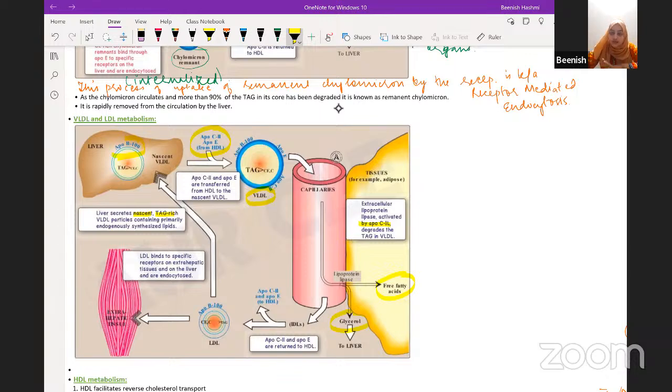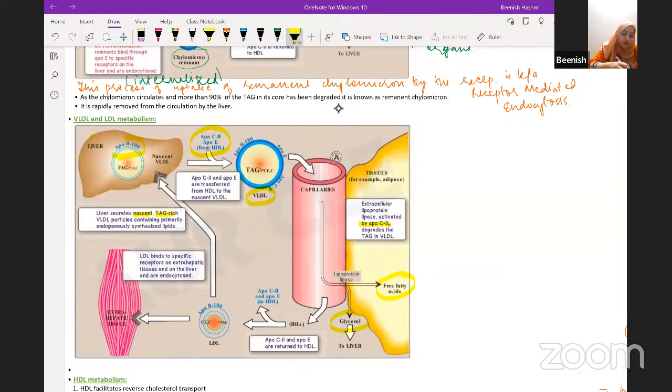These are the endogenous lipids that were being synthesized, because VLDL carries endogenous TAG from liver to the peripheral organs.